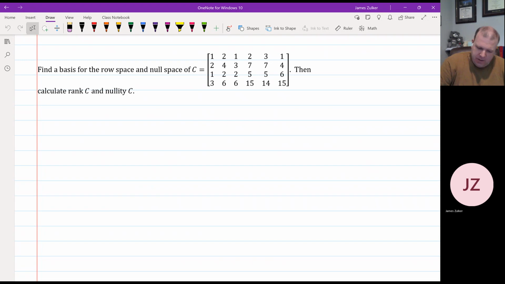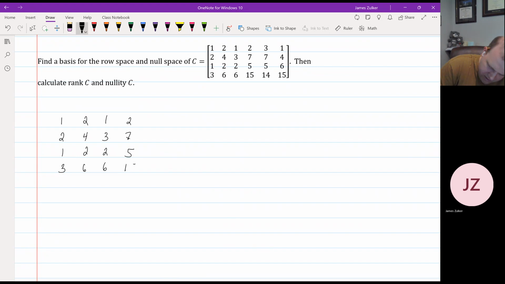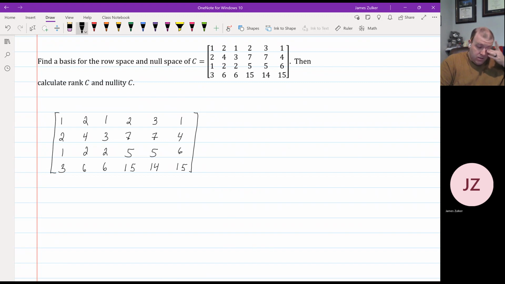In both cases, what we're going to want to do is row reduce the matrix. So, RREF this.